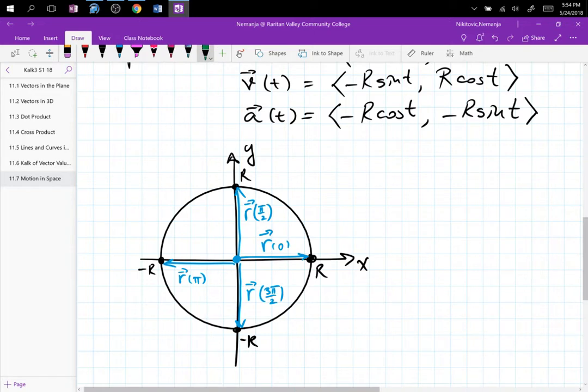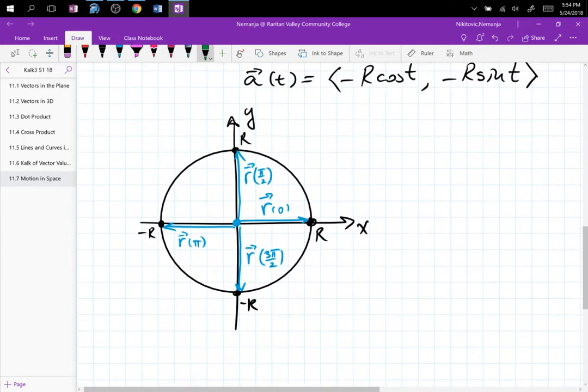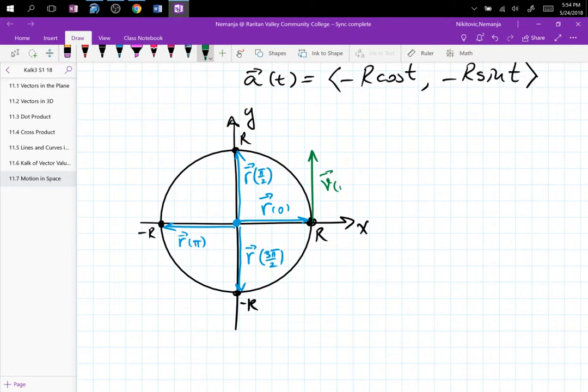How about green? So this is the velocity vector at 0. It's going to go that way. And then another velocity vector at pi over 2. And another. And I hope that you can see that these vectors will bend, will turn the circle.